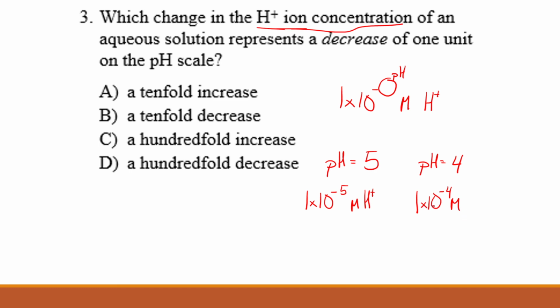And when you actually compare these numbers, the tricky part with pH, the tricky part with negative exponents, is that this number is actually 10 times bigger. It got bigger. If we compare these two, this is an increase of 10.